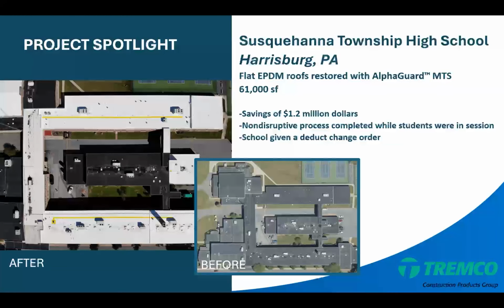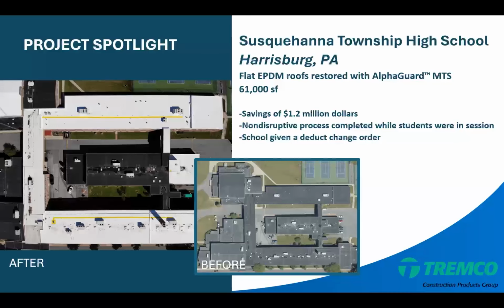Moving on to another at Susquehanna Township High School. Here were some flat black rubber EPDM roofs that were restored. The savings here was $1.2 million. This again was a non-disruptive process that was completed while students were in session.